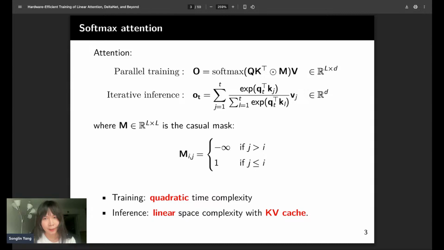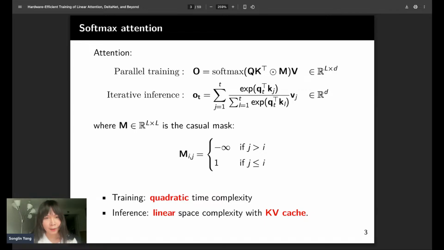For parallel training, we first take the dot product between the query and the key matrix to obtain the attention logits. Then we apply the causal mask, followed by a softmax operator. Finally, we take another dot product between the resulting attention matrix and the value matrix to obtain the output.